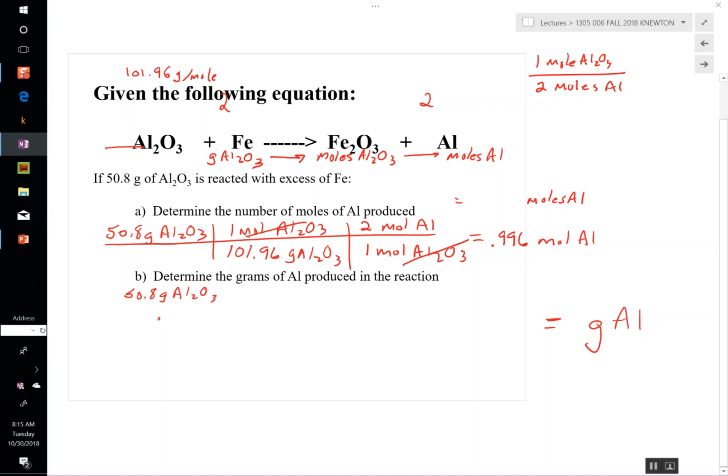You're going to go grams of aluminum oxide, convert that into moles of aluminum oxide, convert that into moles of aluminum, and then convert that into grams of aluminum to get your answer. Now step back and look at that and think about that for a minute. Part B.